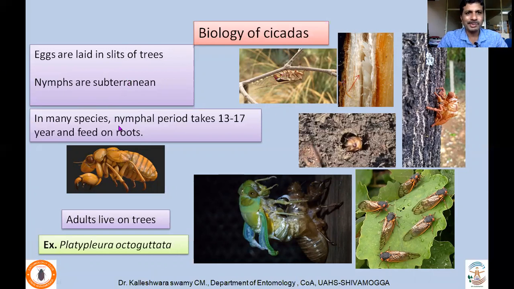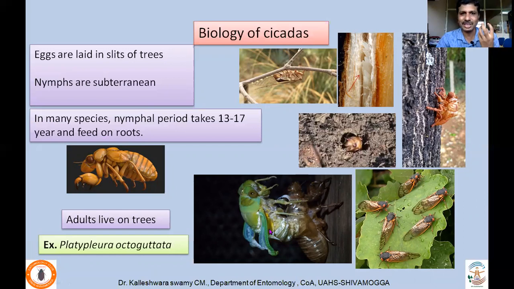In many species, the nymphal period takes 13 to 17 years. Very important, very characteristic behavior: 13 to 17 years feeding on roots. So in the nymphal stage, they remain underground. Researchers in many countries, especially in the USA, are trying hard to identify how, evolutionarily, they are able to keep these 13 and 17 year cycles.